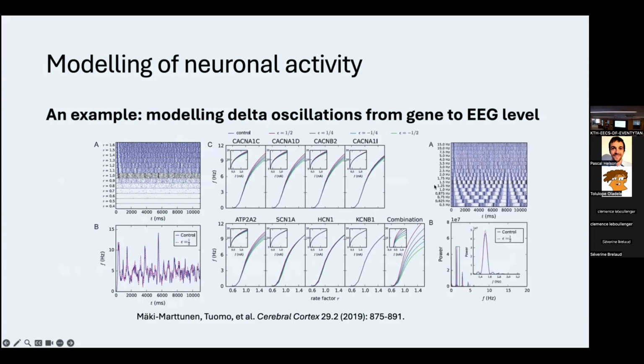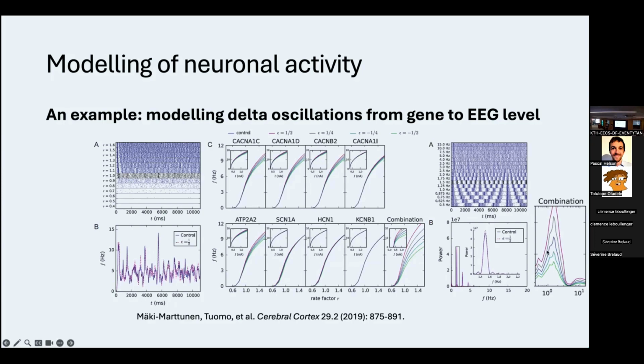We also studied how the network resonates to different oscillatory inputs. So here we had just Poisson background activation, but here we used oscillatory Poisson activation. That lets us study how the neural network resonates to different frequencies.